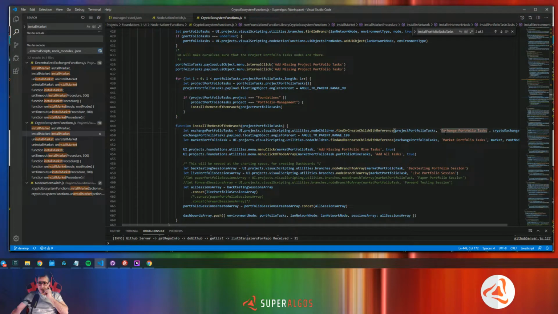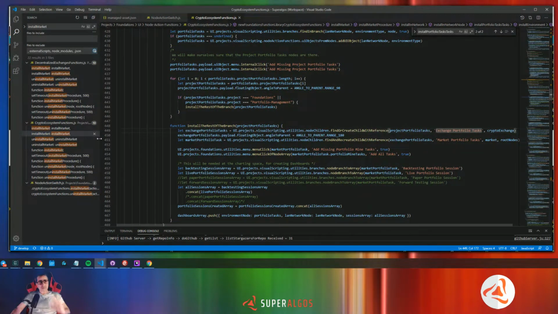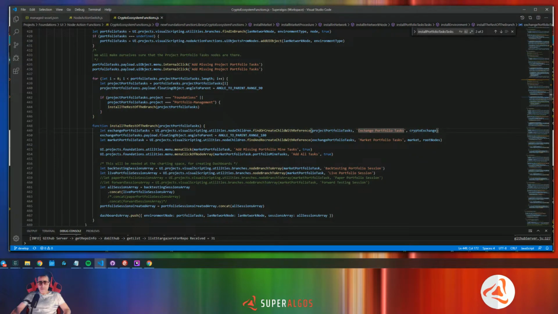Exchange, find or create child with reference. Okay, so here we are passing the crypto exchange.